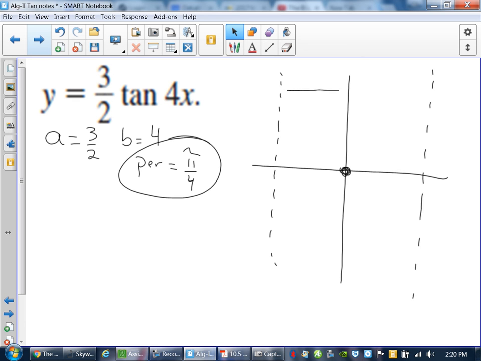The distance between here and here has to be pi over 4, so half of it is positive, the other half is negative. What's half of pi over 4? There you go. So your asymptotes are at positive pi over 8 and negative pi over 8.